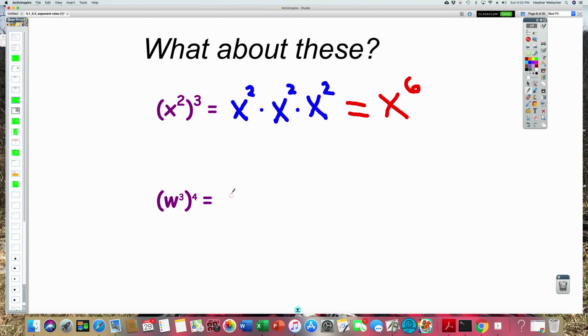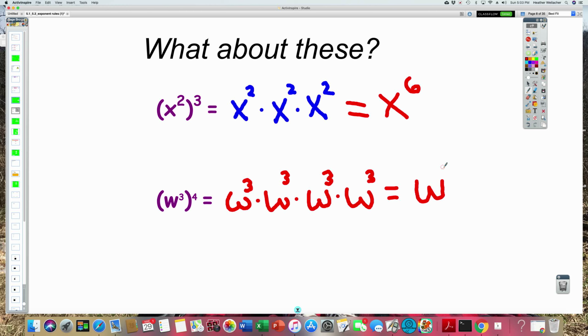Second example, w to the 3rd to the 4th. Well, that would mean w to the 3rd times itself 4 times. Then I get a problem that's the product rule that we just worked on earlier. So I would add those exponents and I would get w to the 12th.